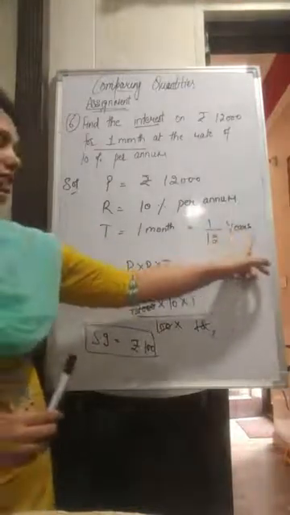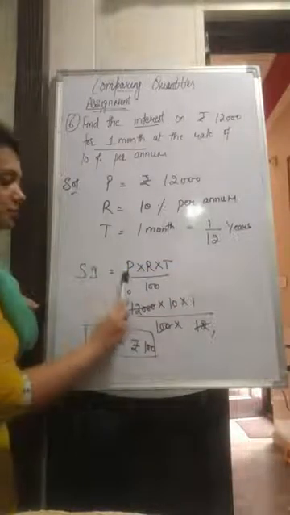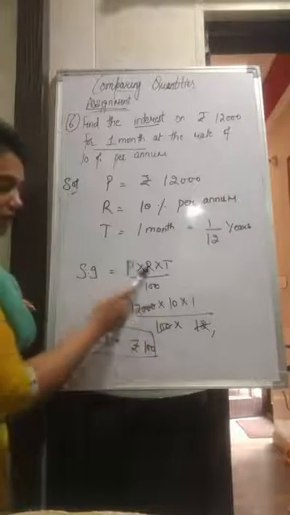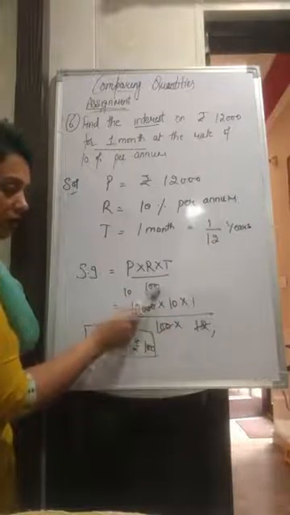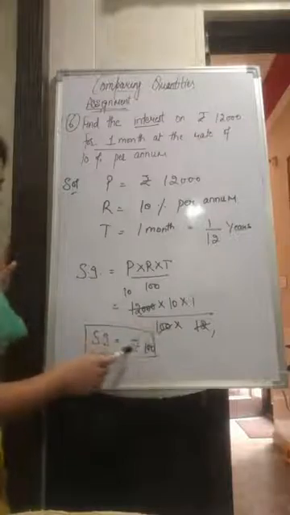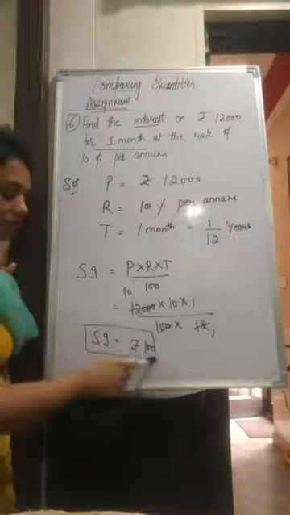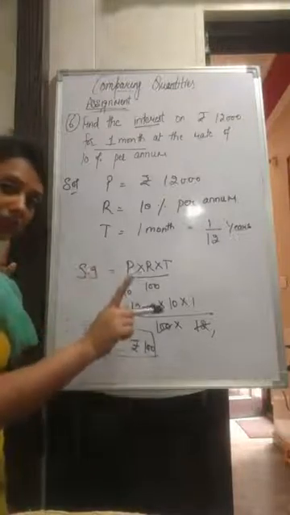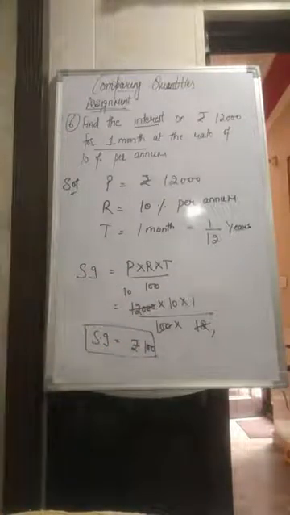After converting the time in years, we have applied the formula. Simple interest is equal to P into R into T over 100. Principal is 12,000, rate is 10, time is 1 by 12, and 100 in the denominator. After doing the calculation, we get 100. This simple interest, rupees 100, is the interest which a person is getting for 1 month. So this is question number 6.